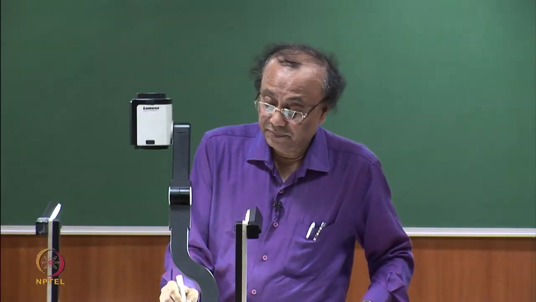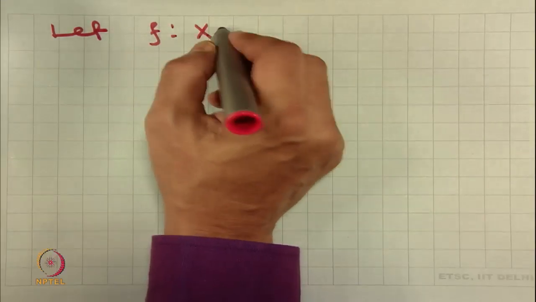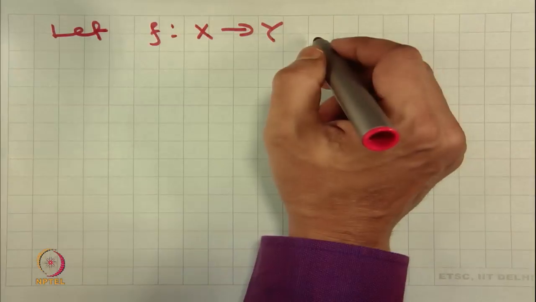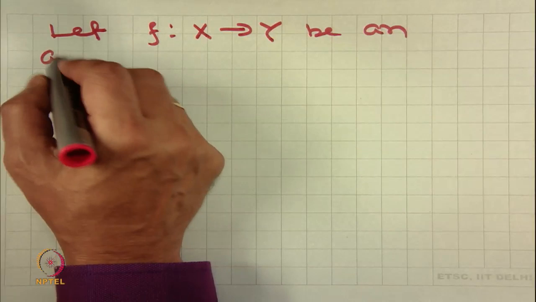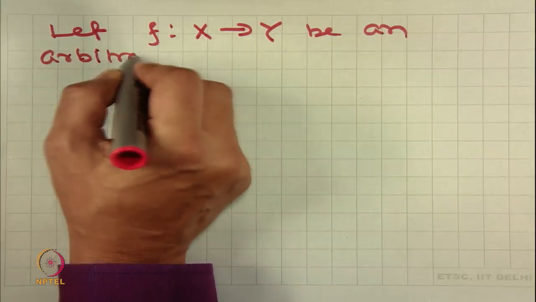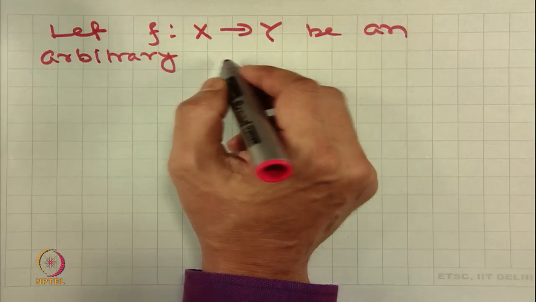So, let f from X to Y be an arbitrary crisp function.